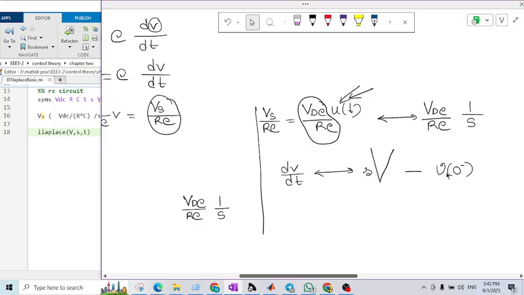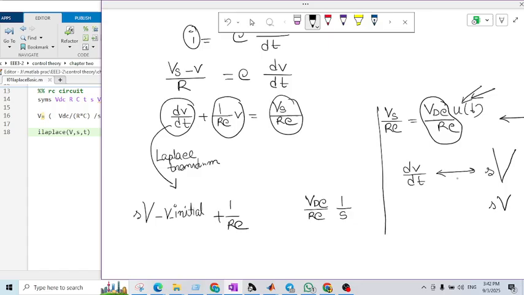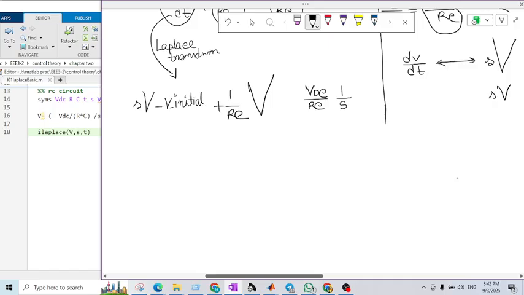Let's assume that this V(0 minus) is equal to V initial. In our code we have written this V0 minus as V initial. So let's write this as sV minus V initial. Okay, then this is easy, 1 by RC times V is 1 by RC times the Laplace transform of V.